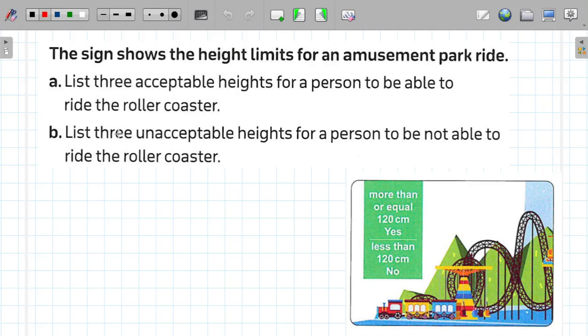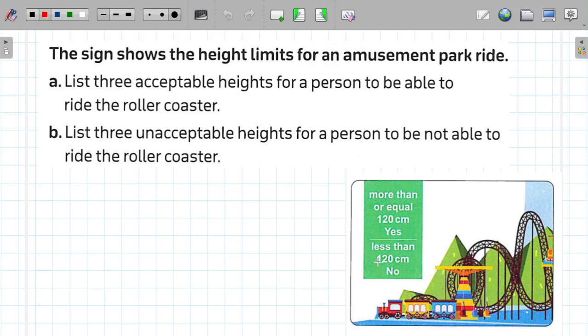And number 2, list 3 unacceptable heights for a person to be not able to ride the roller coaster. The sign here says more than or equal 120 centimeter, yes.